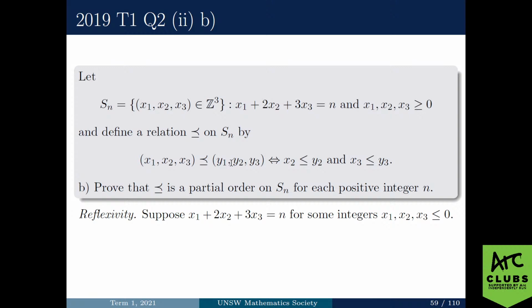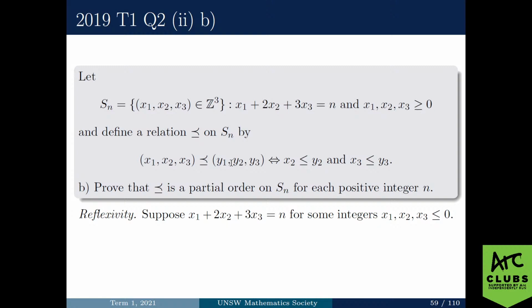We need to prove reflexivity and transitivity. But the difference between equivalence relations and a partial order is the second one, which is proving that it's antisymmetric rather than symmetric, which is what is needed in an equivalence relation.